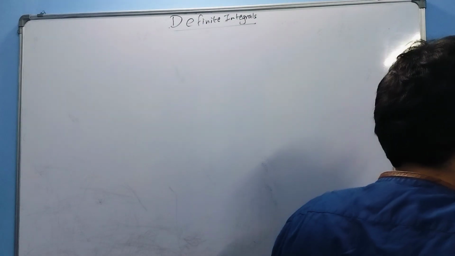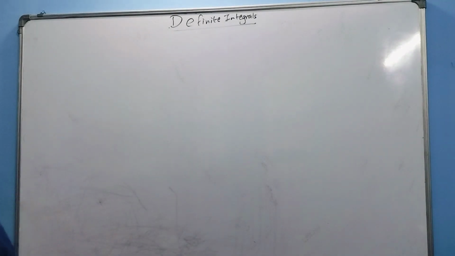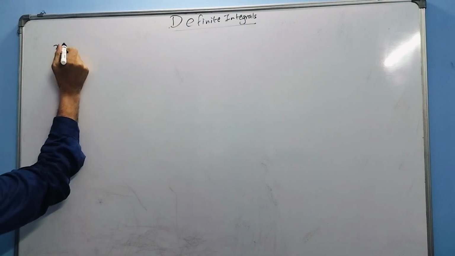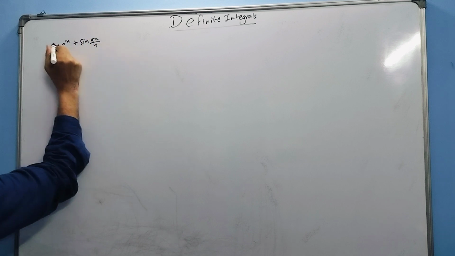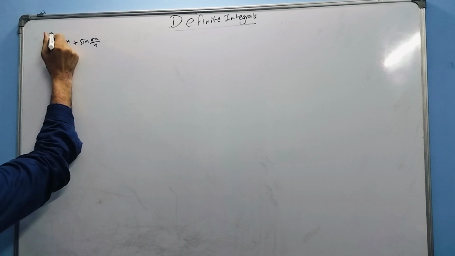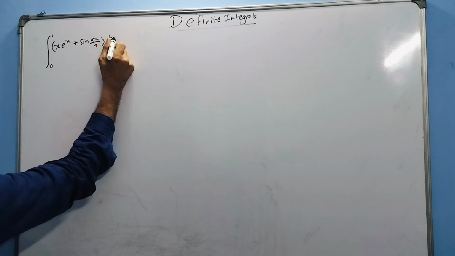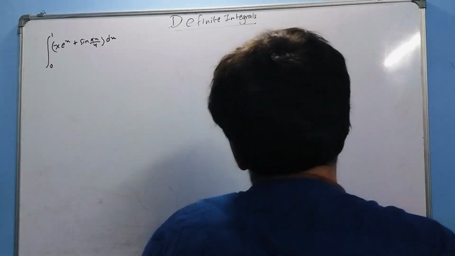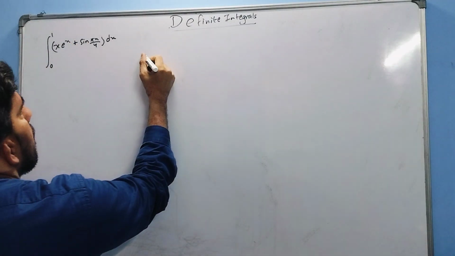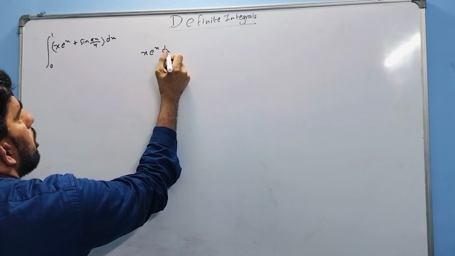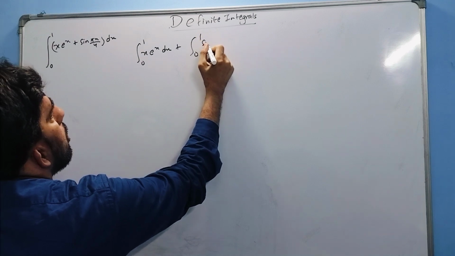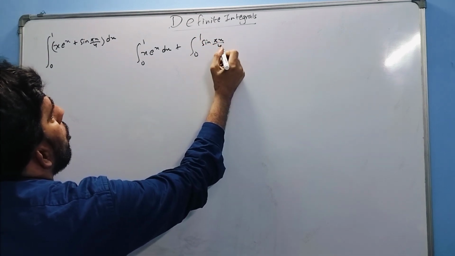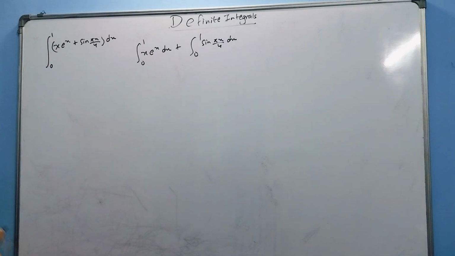The question in my hand is the definite integral of x e to the x plus sine pi x upon 4, from 0 to 1. Let us try to solve this. We need to separate them out, so I can write it like this: integral of x e to the x dx from 0 to 1, plus integral of sine pi x upon 4 dx from 0 to 1.